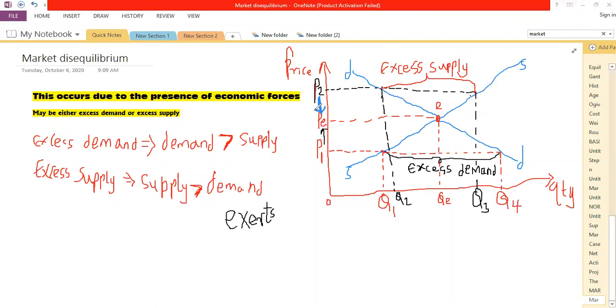So price will start coming down. So we say excess supply is an economic force which exerts a downward pressure on the price of the commodity in the market. Meaning, price will now start to go down. And let's see the implication of a decline in the price level of this commodity.